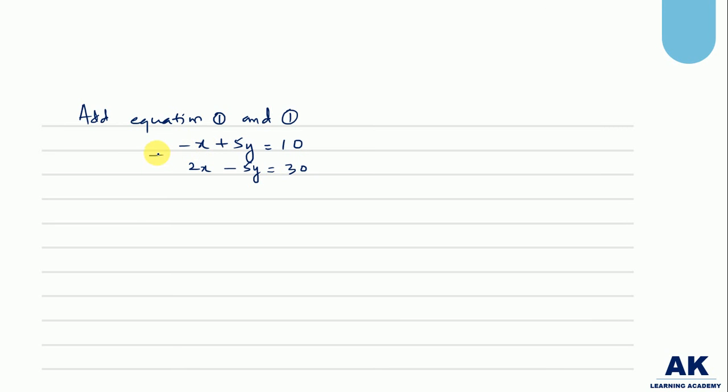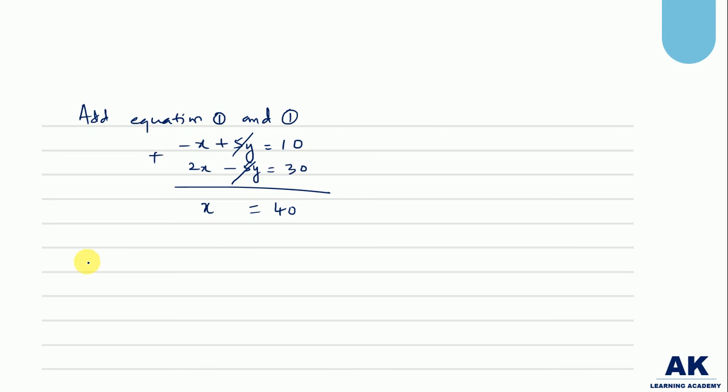So let's add these equations. Minus 5y and plus 5y get cancelled, so minus x plus 2x is x, which is equal to 10 plus 30, it is 40, right? Therefore x is equal to 40.